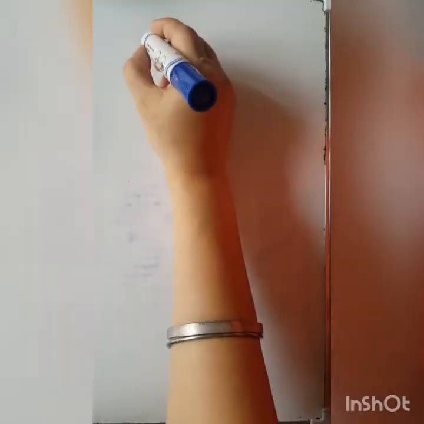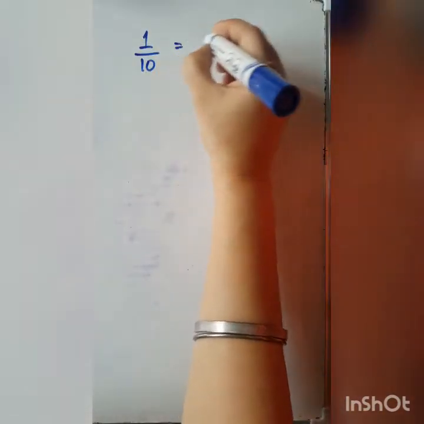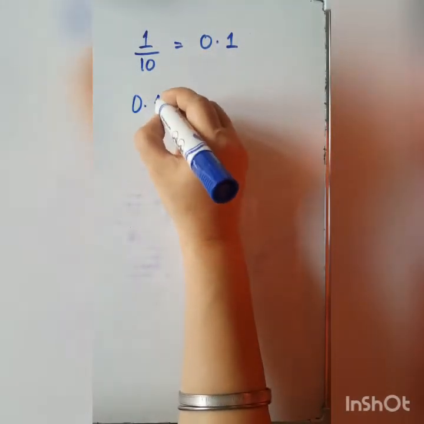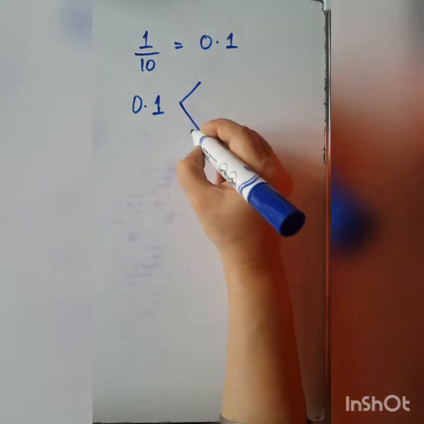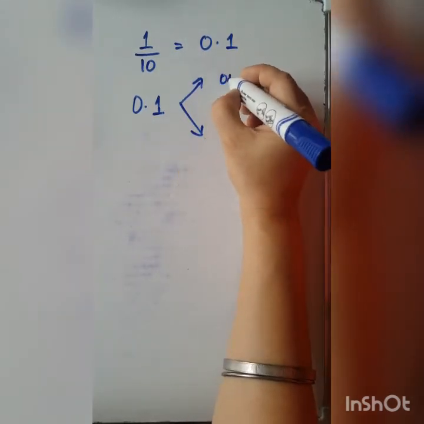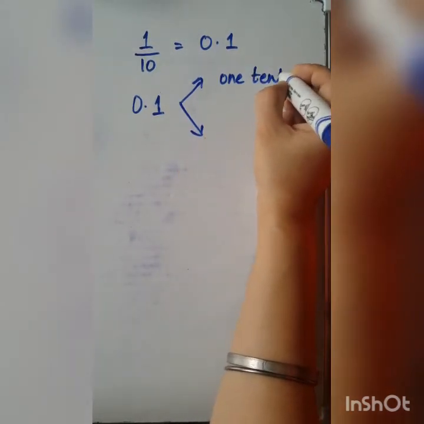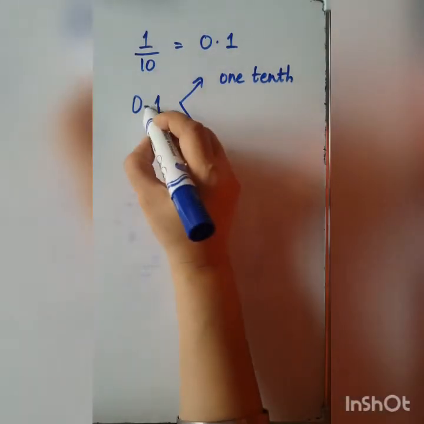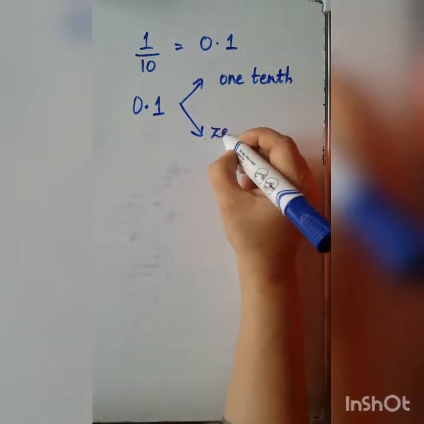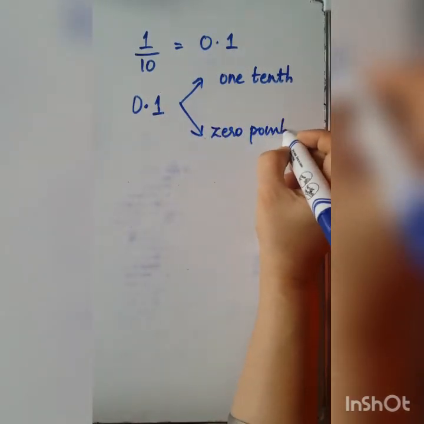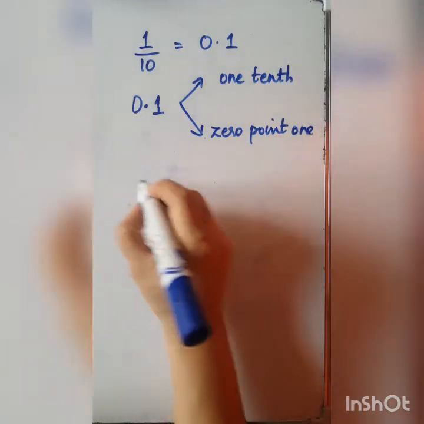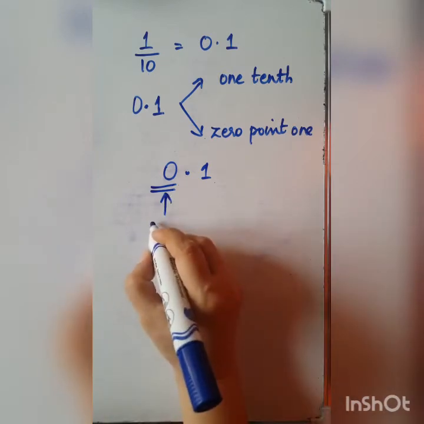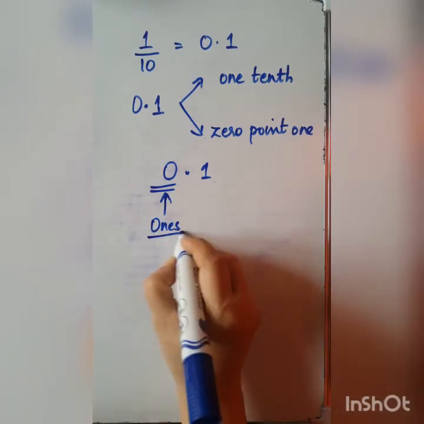So I told you 1 by 10 can be written as 0.1. Now this number 0.1 can be read in two ways. It can be read as 1/10, since it represents the fraction 1 by 10, and it can also be read as 0.1. Now this 0 represents the whole number, this is the ones place.